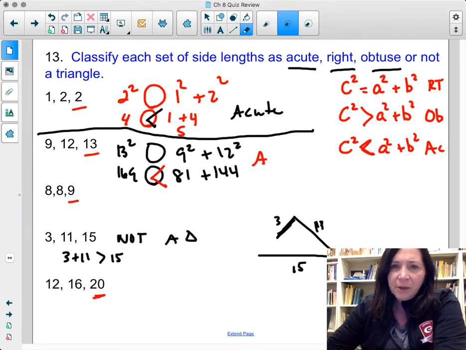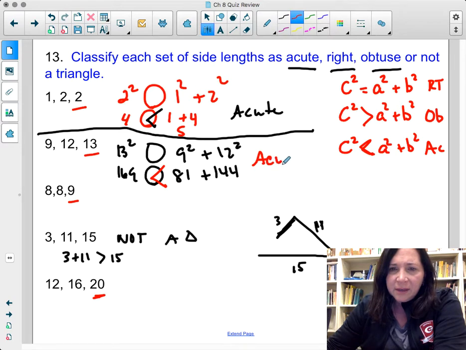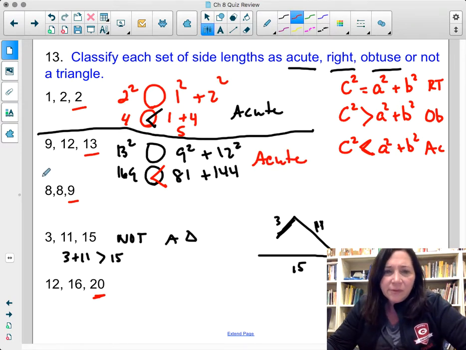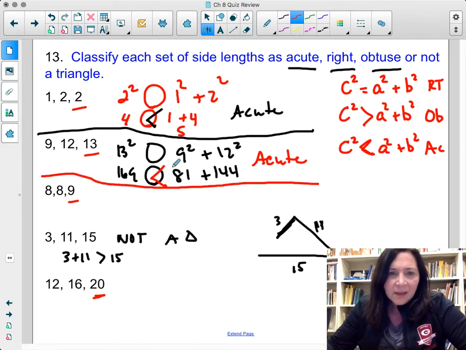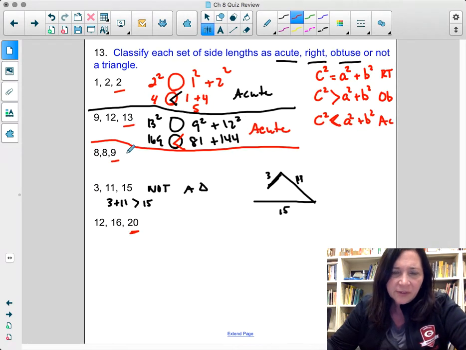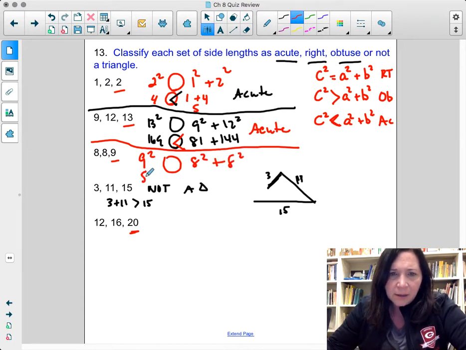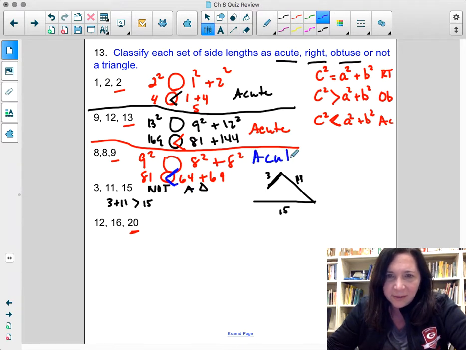Okay, let me try to spell this better. A-C-U-T-E. Okay, now this one, this is my c, so 9 squared is what to 8 squared plus 8 squared? So we've got 81 is what to 64 plus 64? Boy, that looks like it's less than again. Okay, so this is another acute triangle.